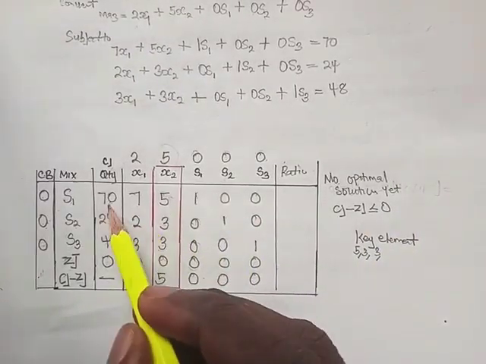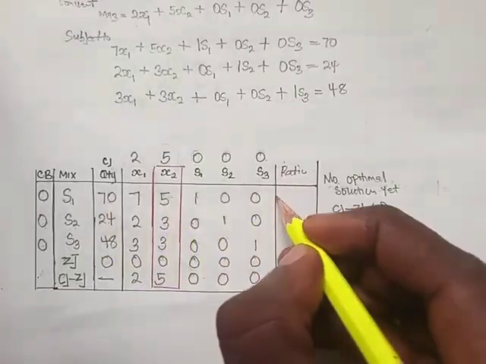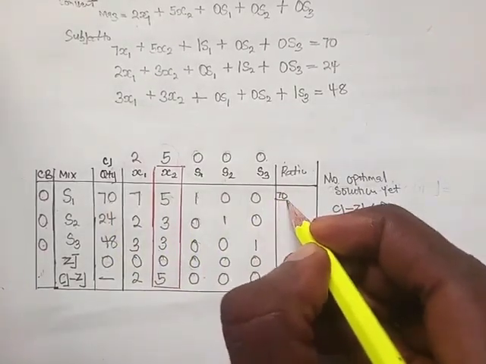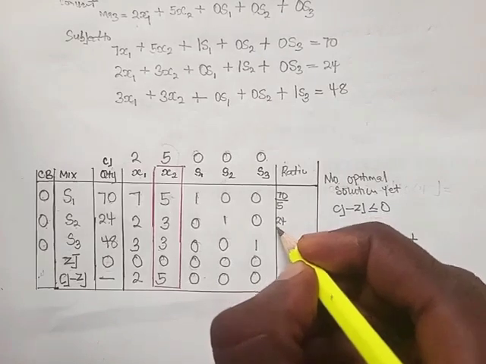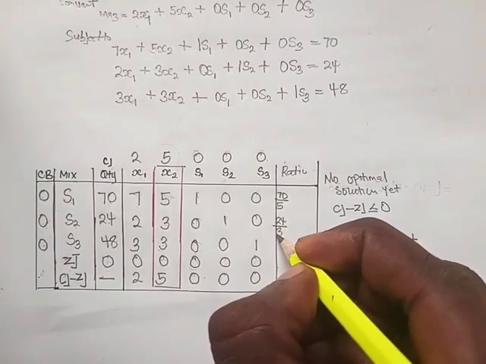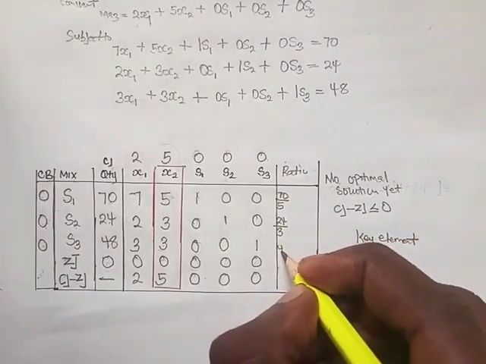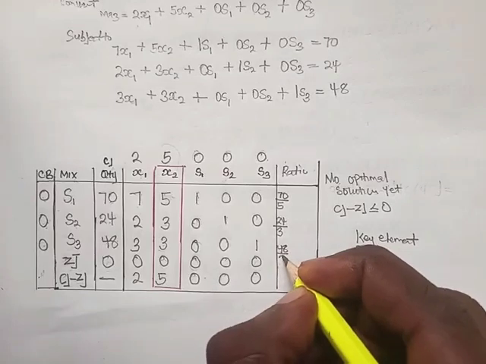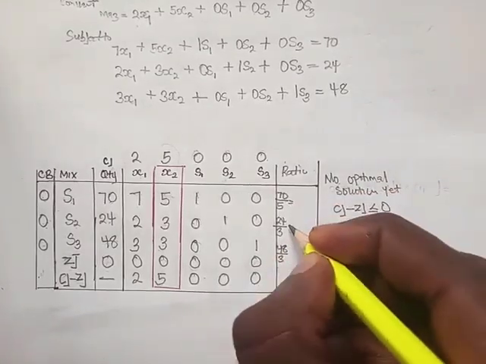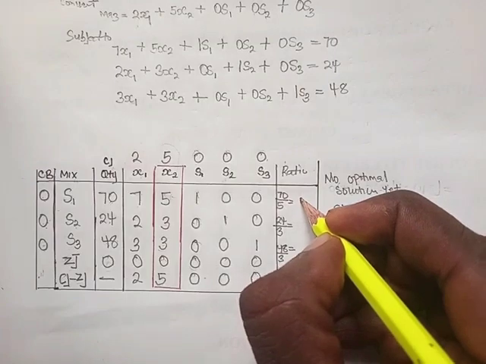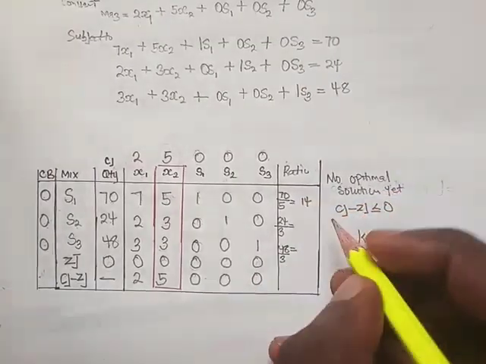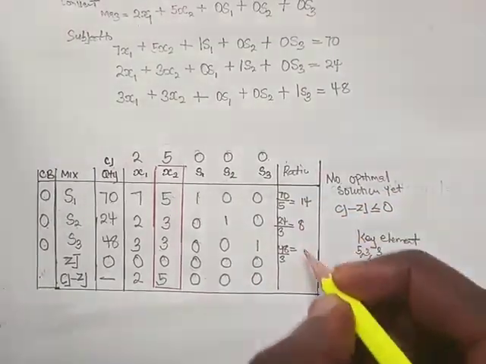Now to find our ratio, you are going to say 70 divided by 5, that is the key element, 24 divided by 3, 48 divided by 3. This is equal to 14, this is equal to 8, and this is equal to 6.